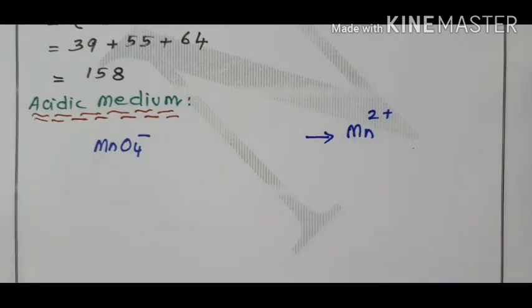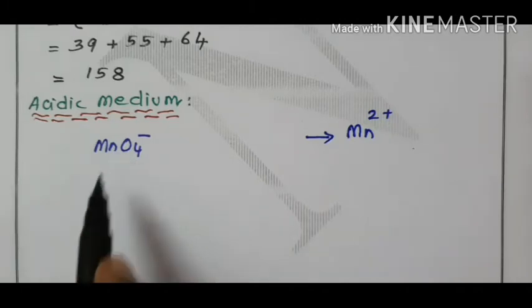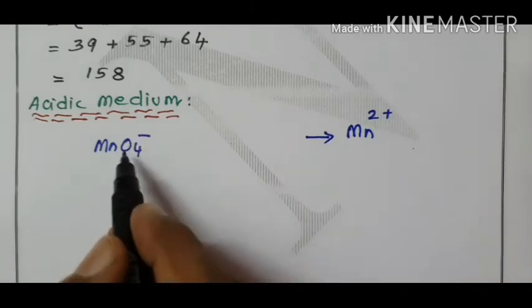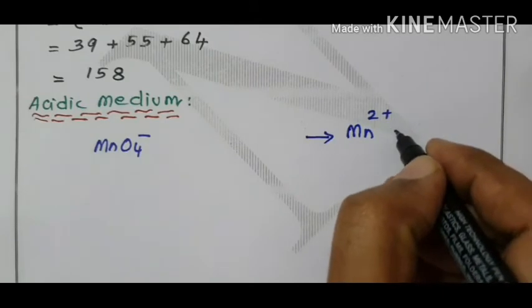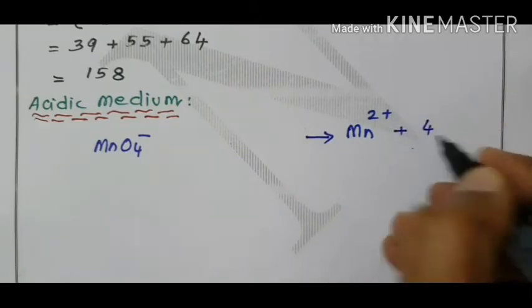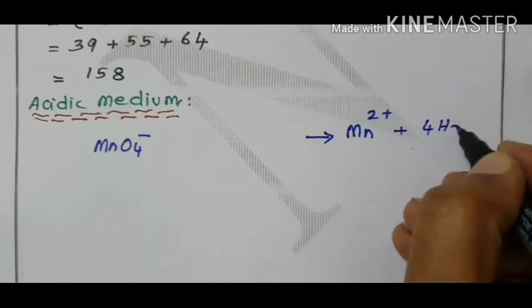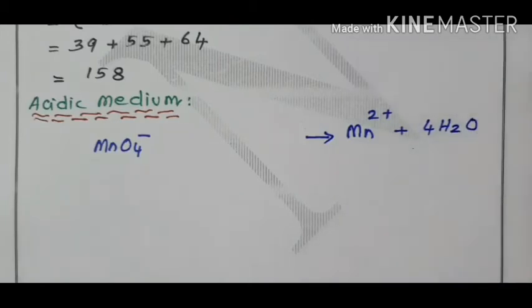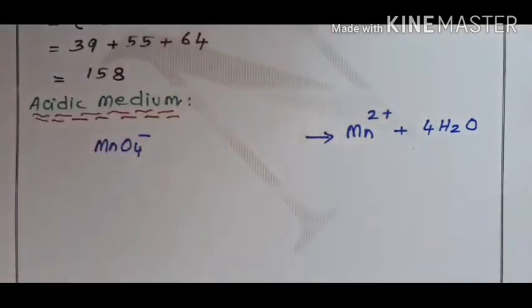Second, we have to balance oxygen. Left hand side has 4 oxygens. The 4 oxygens are balanced by adding an equal number of water molecules on the opposite side.